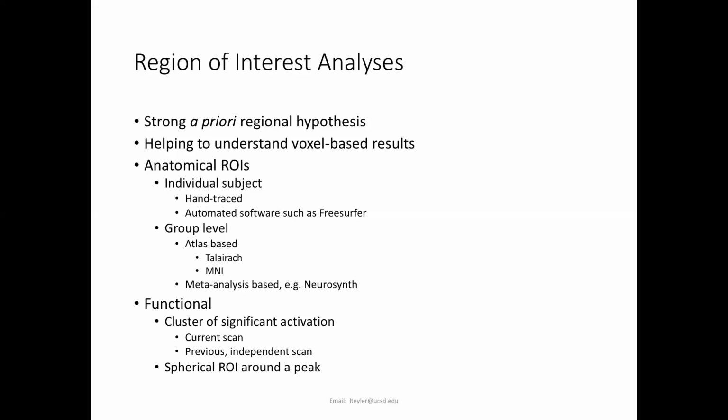And then a final sort of quasi-anatomical ROI is meta-analysis based. These days there's been a lot of effort to put together the results of fMRI experiments in different domains. So for example, in the language domain, you can go online to Neurosynth and say, give me all the regions that are involved in language comprehension.